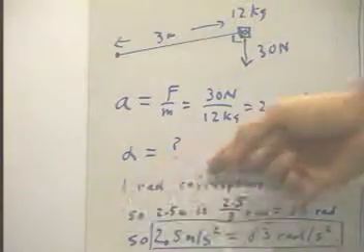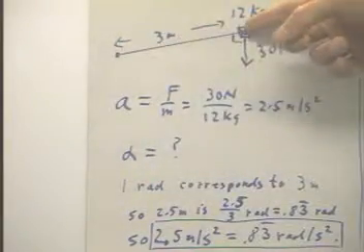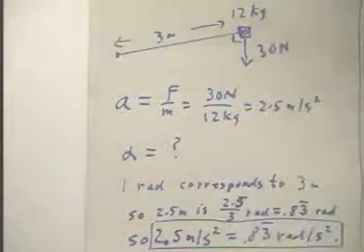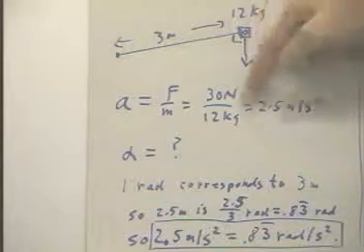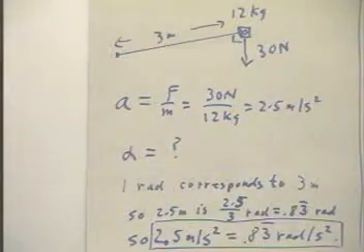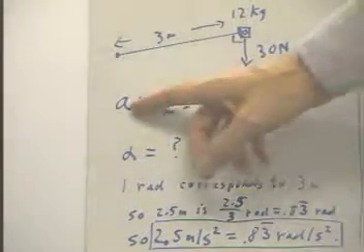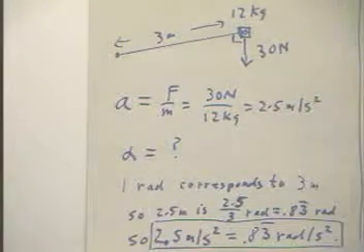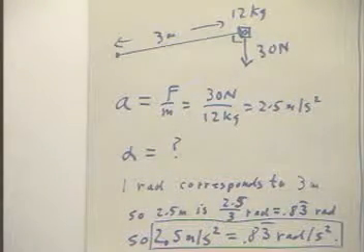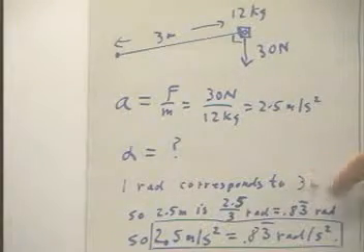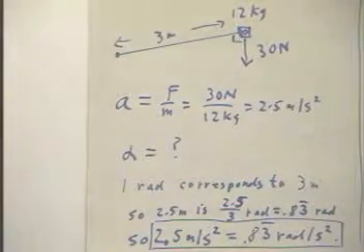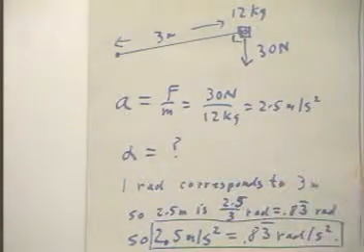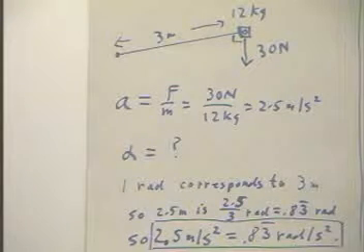This thing is traveling in a circle of radius 3 meters, so 1 radian will correspond to a 3-meter distance along the arc. Now if we assume that this 30 Newton force somehow remains perpendicular as the weight goes around the arc, we see that the acceleration is always going to be 2.5 meters per second squared. 1 radian corresponds to 3 meters, so this constant 2.5 meters per second squared corresponds to 2.5 over 3 radians, or 0.83 repeating radians.